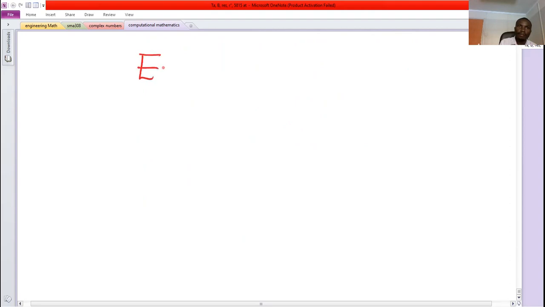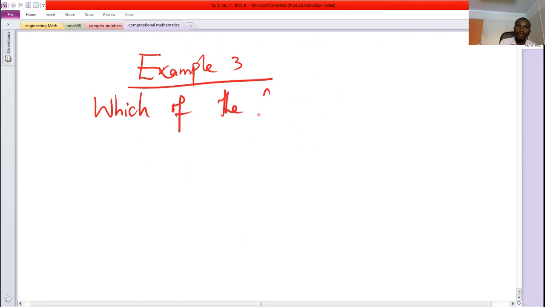Example 3: which of the following relations are functions.